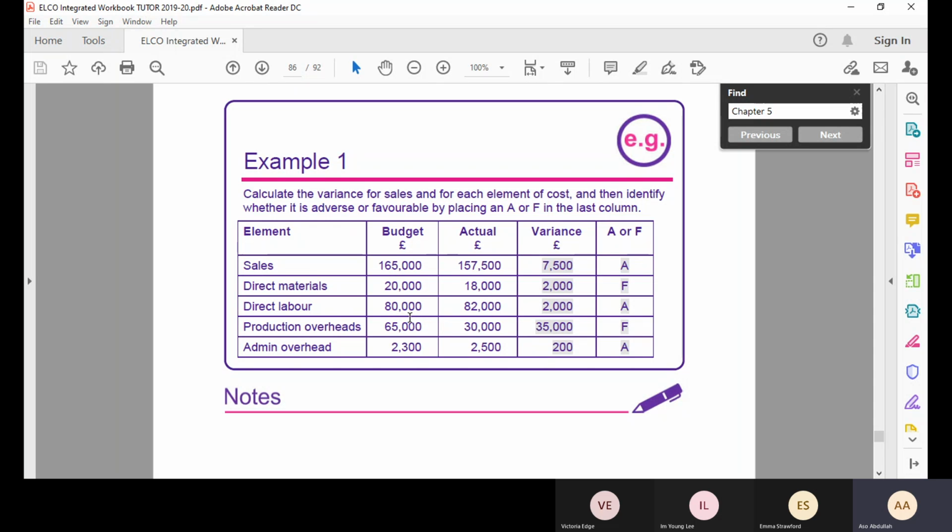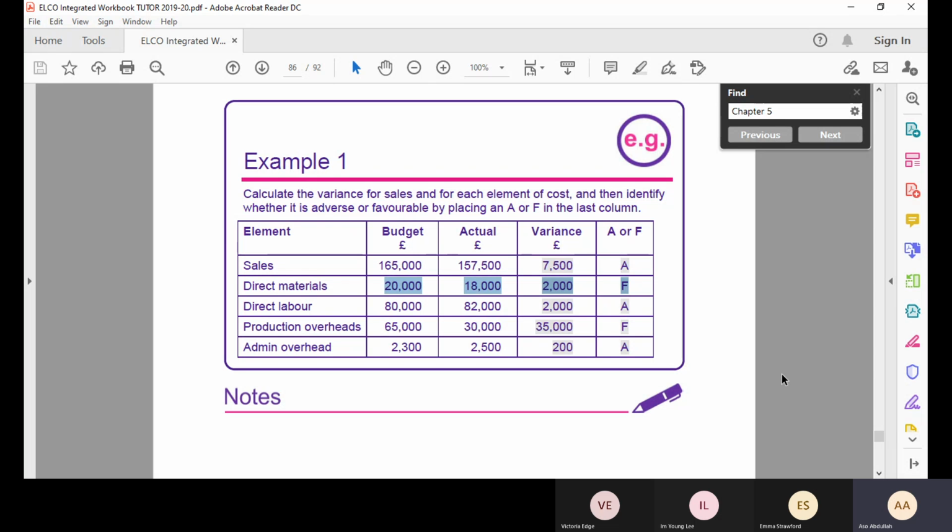If it is income, you expect your actual to be greater than budget, then it is favorable. If actual is less than your budget, then it is adverse. For cost, you're trying to have your actual less than budget, then it is favorable.